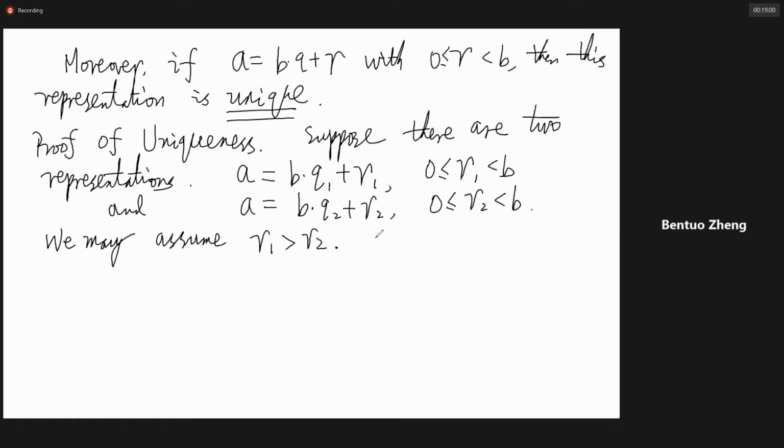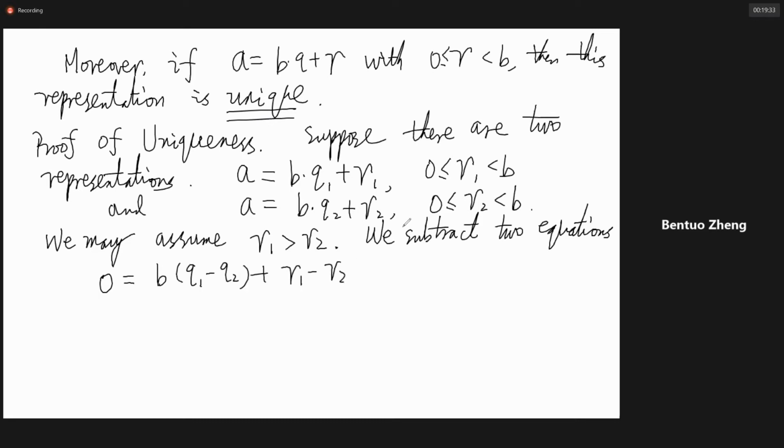Now you just subtract these two equations. When you subtract two equations, on the left-hand side you get 0. On the right-hand side is B times (Q1 minus Q2) plus (R1 minus R2).